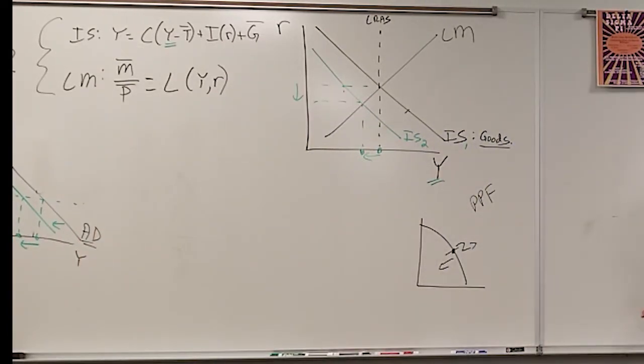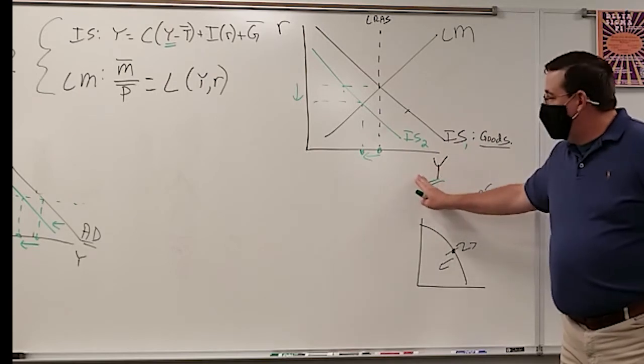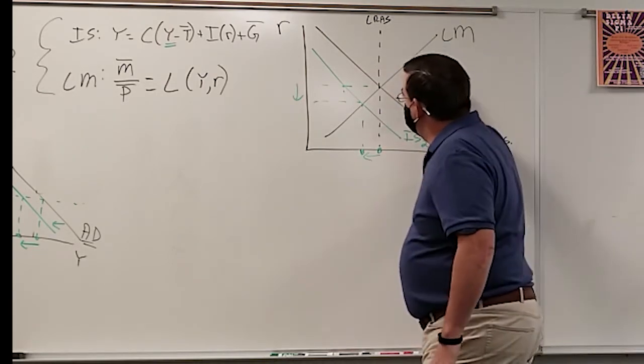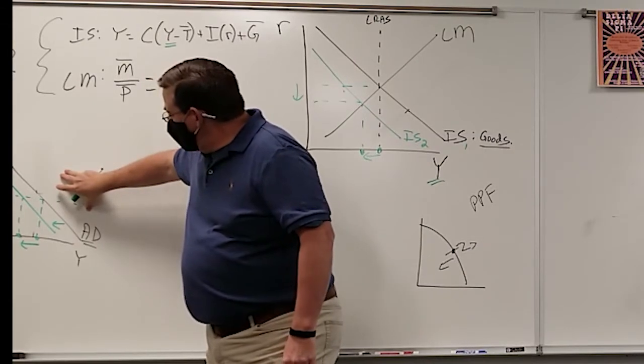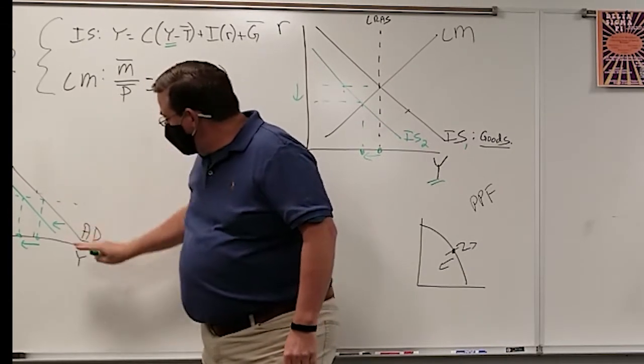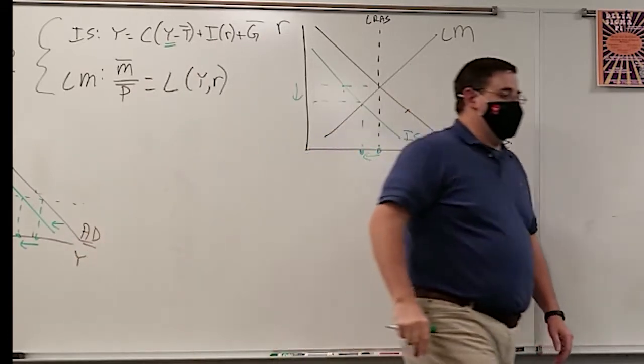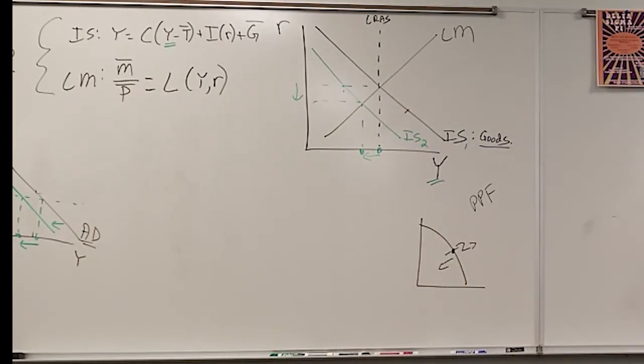So we're primarily going to read off of the y-axis from the IS-LM diagram to the aggregate supply, aggregate demand diagram, and shift our curve relative to what happens with the variable y.